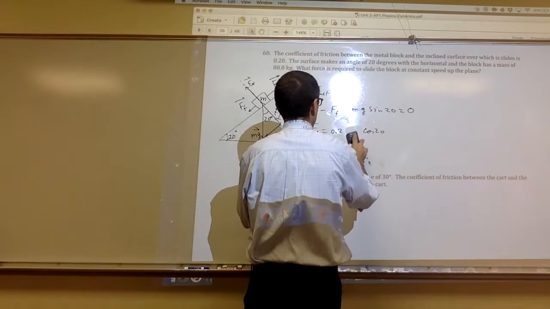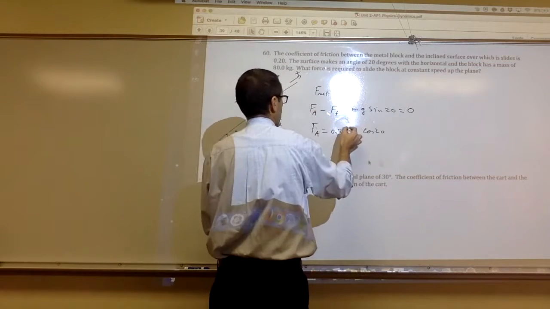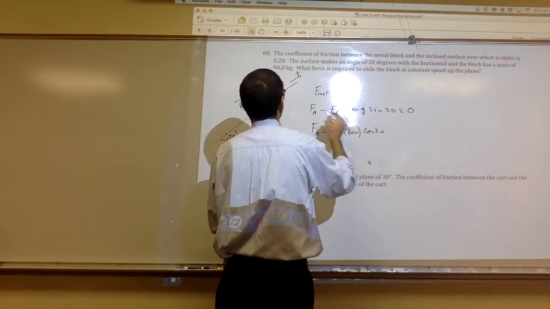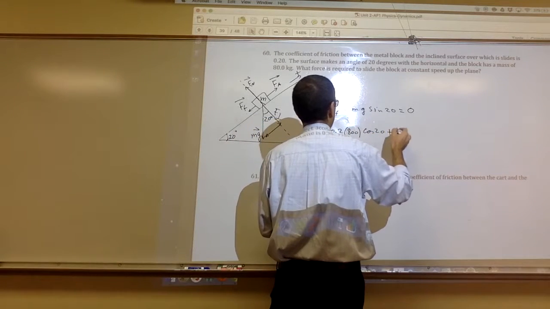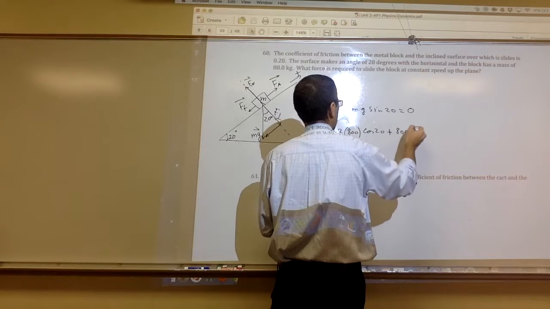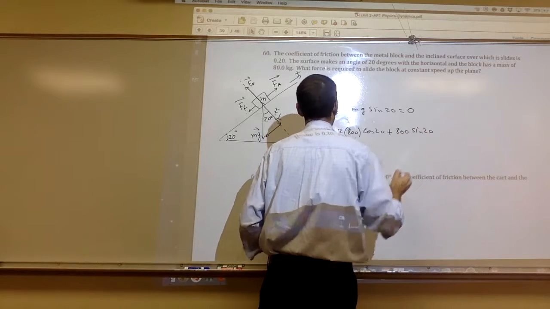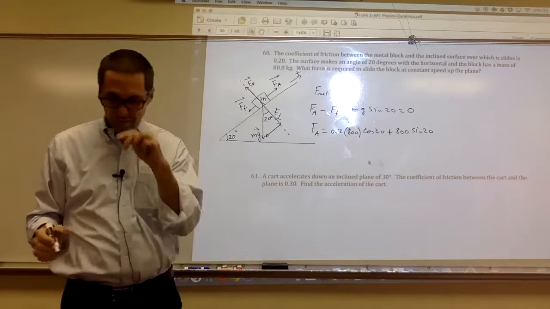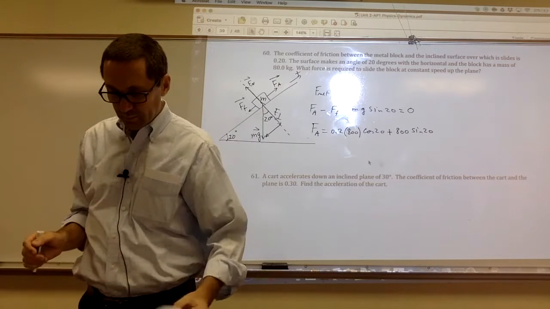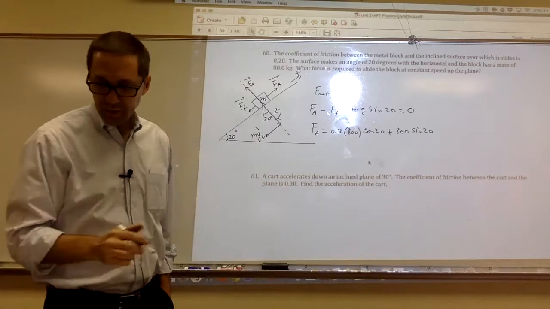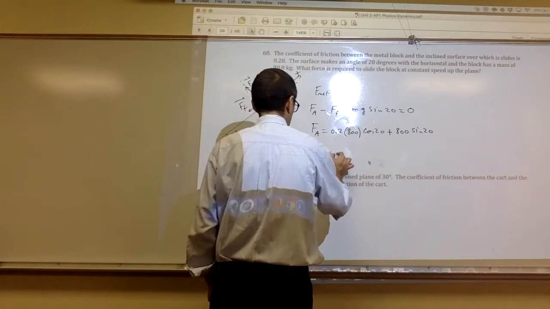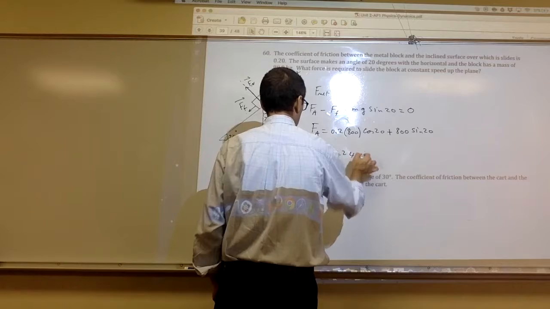It's not going to cross out. So the mg should be 800. So it's 80 times 10, plus 800 sine of 20 degrees. And if you do the math here, you should get 423.97, so about 424 newtons.